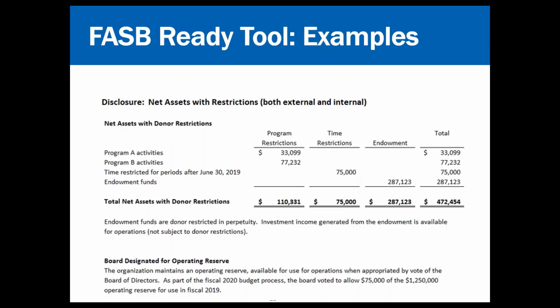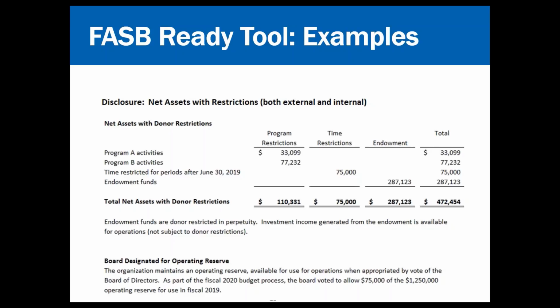This isn't to say that everyone should go and create board designated funds, but if they exist, or if it is a strategy for prioritizing resources, the tool that Gina mentioned, as well as these examples, will be very helpful. This is section 4 of the tool, and for each provision, there are examples. We won't go through all the examples today.